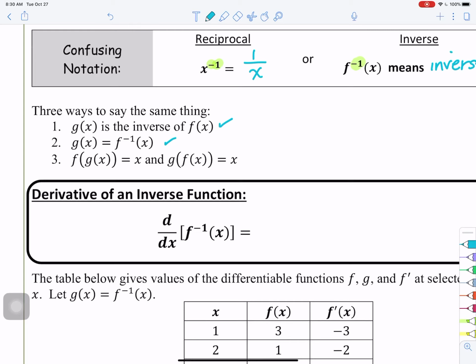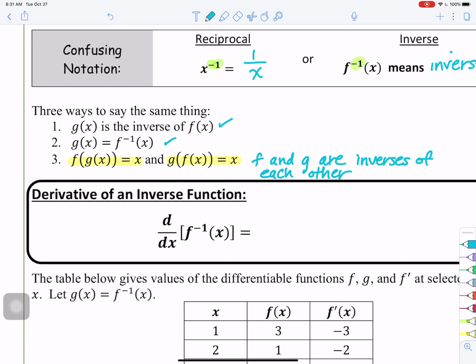Now, I'm sure you had this in pre-cal. To show that two functions are inverses of each other, if you compose them, f with g and then g with f, both of those will equal x. If that takes place, then f and g are inverses of each other.